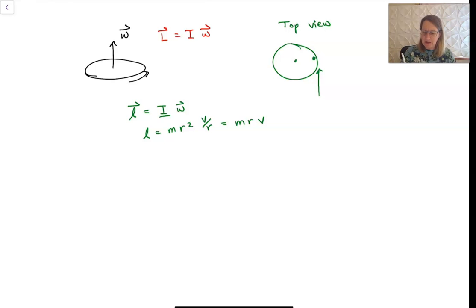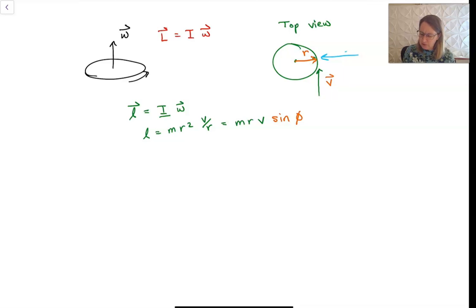degrees. Obviously, if the kid is coming in straight toward the center and jumps, then the merry-go-round is not going to spin around. So this gives us our magnitude, but it depends on the angle between the v and the r. If this is r and this is v, what we want is m r v sine of the angle between these two vectors.